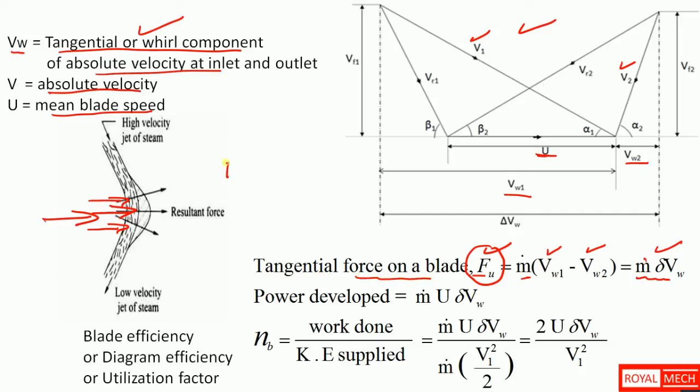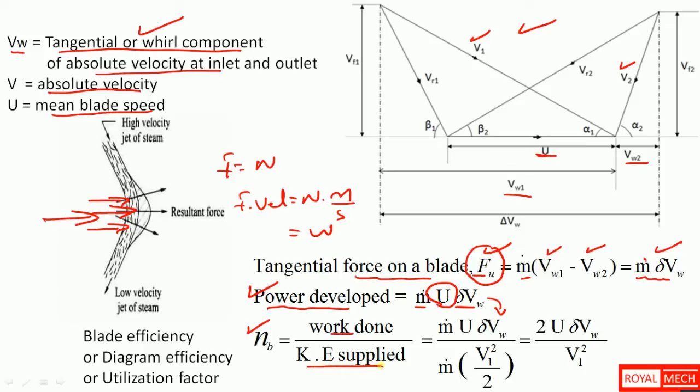This force is converted into power. We know force in Newton times velocity, Newton meter per second, is watt. So the power developed is force multiplied with U, the blade velocity, that is m dot U into delta Vw. Blade efficiency is written as work done, m dot U into delta Vw, divided by kinetic energy supplied.